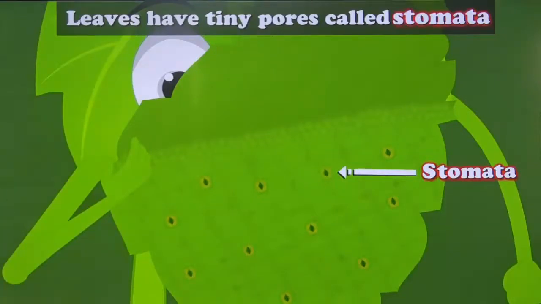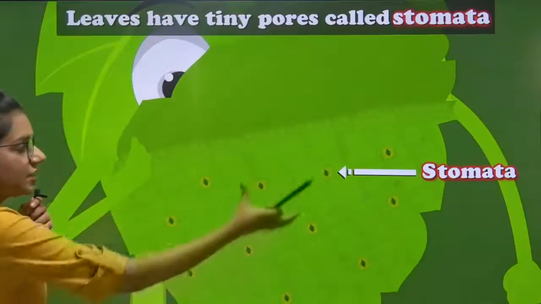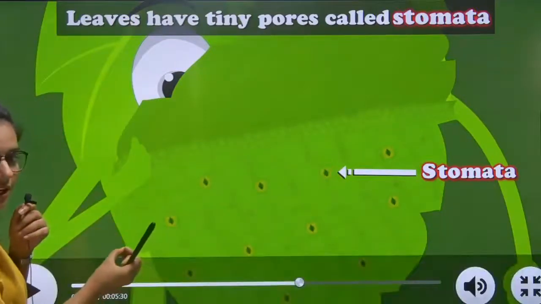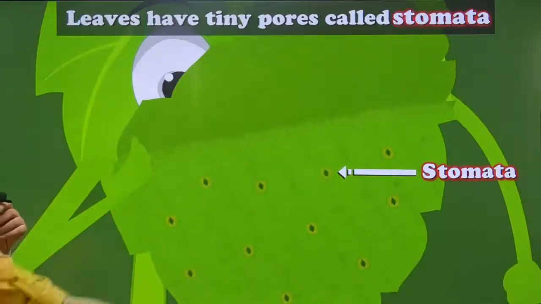You can see these small pores. So this Mr. Leaf is having small tiny pores, and these small tiny pores are known as stomata, through which they inhale carbon dioxide, by which they can take carbon dioxide.